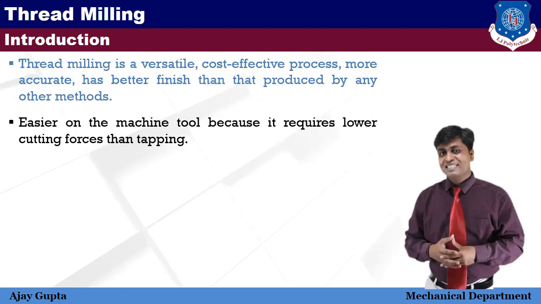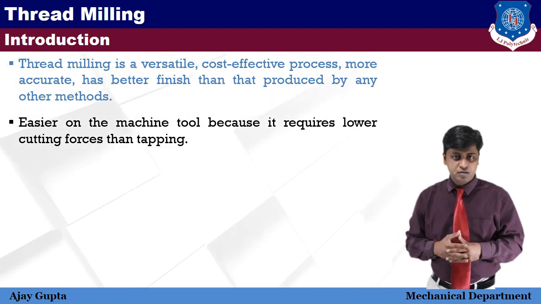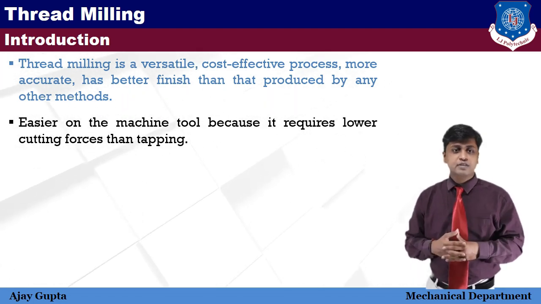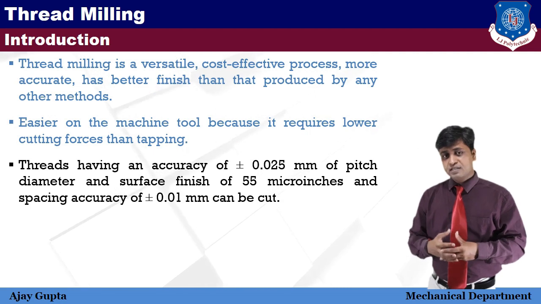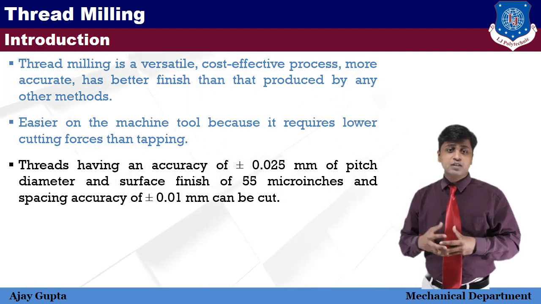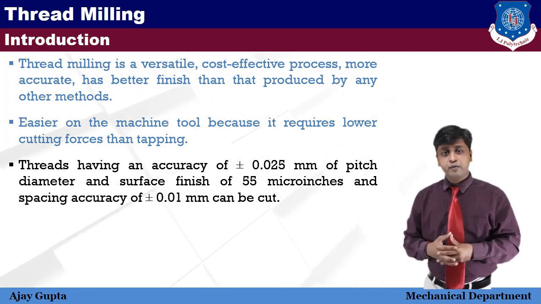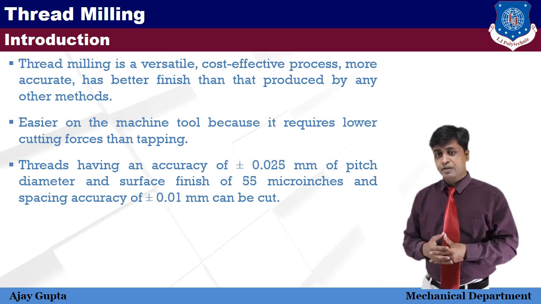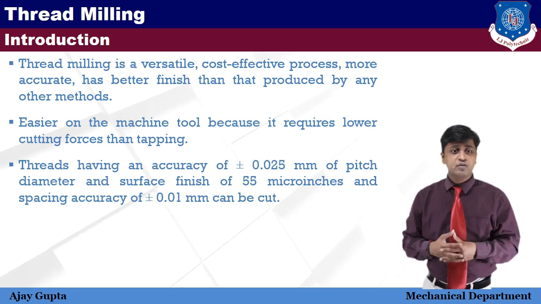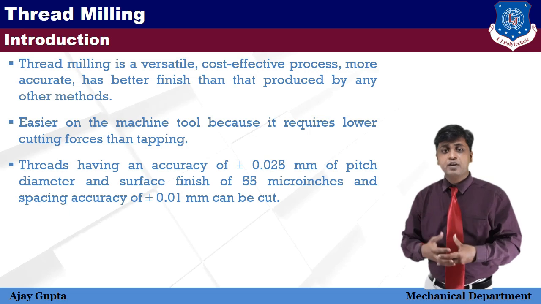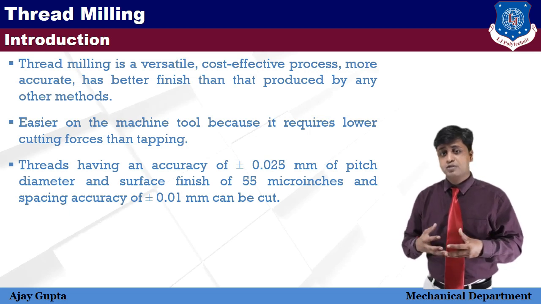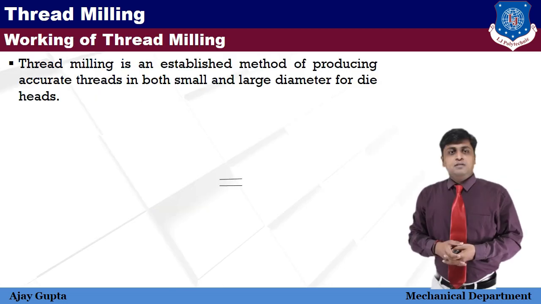Friends, thread milling is easier on the machine tool because it requires lower cutting force than tapping. Threads having an accuracy of plus or minus 0.025 mm of pitch diameter, a surface finish of 25 micro inches, and spacing accuracy of plus or minus 0.01 mm can be cut.